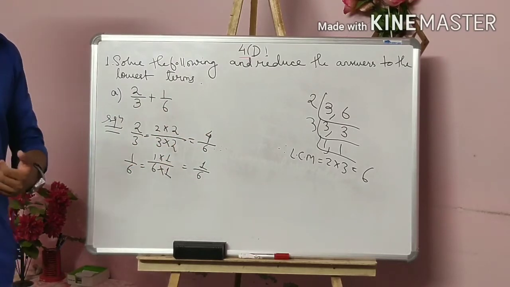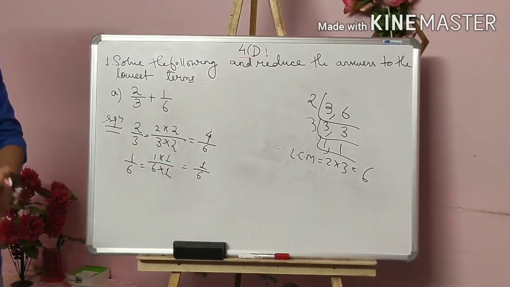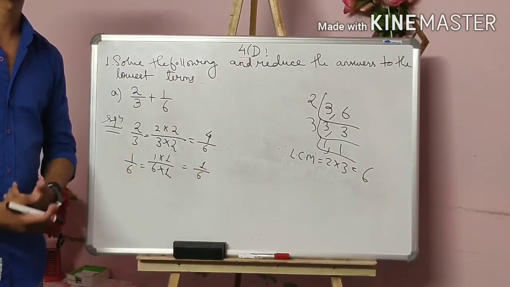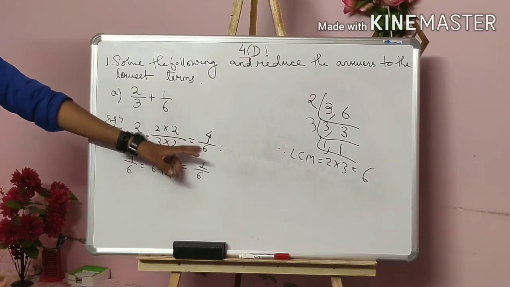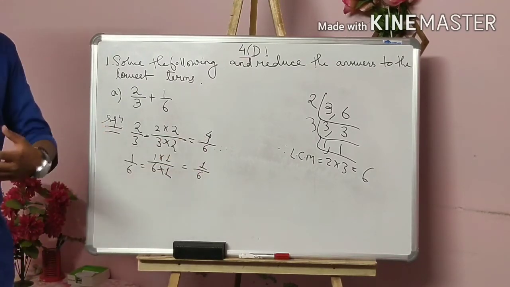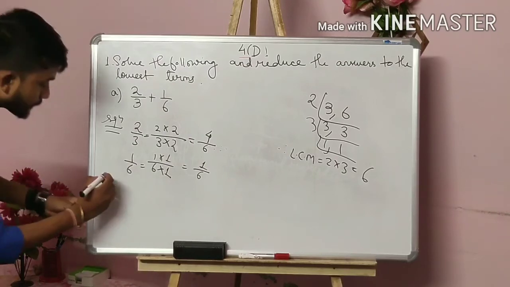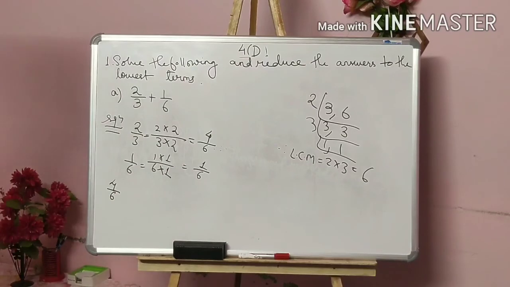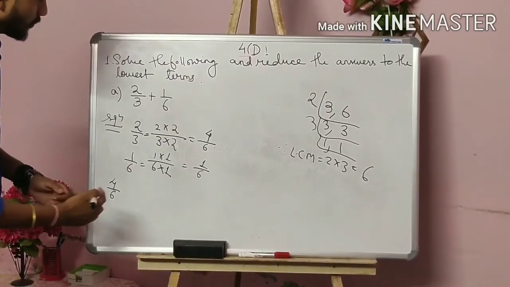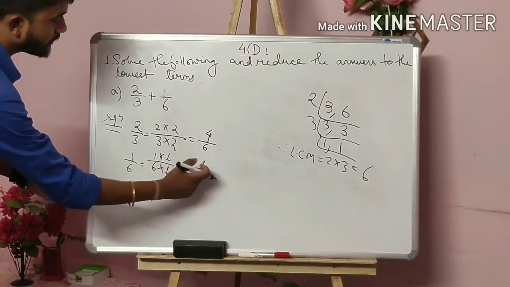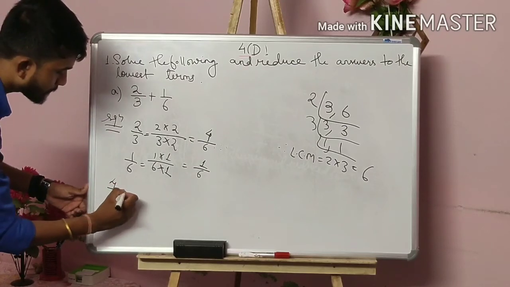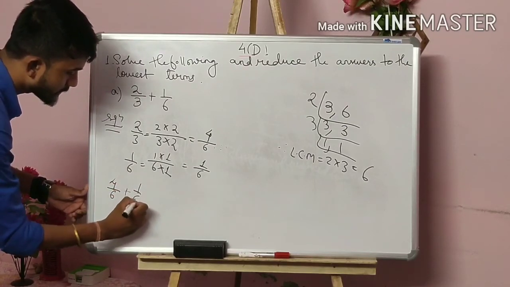What are like fractions? Just remember that in our first class I said that if the denominators are same, then they are called like fractions. Now if the denominators are same, they will be added very easily. You see 4 by 6 and 1 by 6, you just add those numbers. 4 by 6 plus 1 by 6.